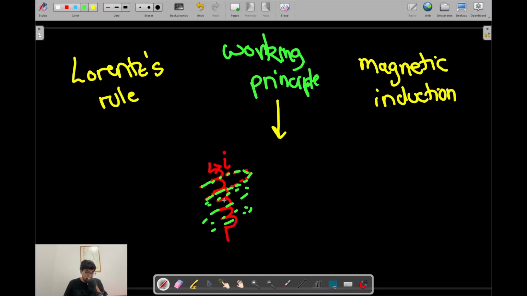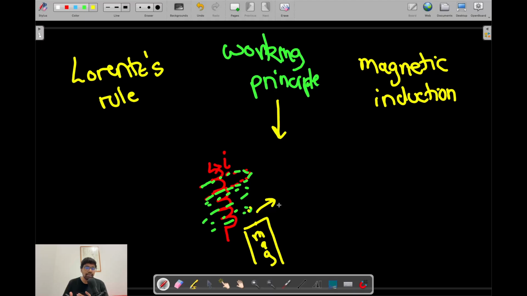When this magnetic field comes in contact with another magnet, if these two come in contact, then a force is generated. Let's be clear how the Lorentz rule is applied here: a current carrying coil, when placed in a magnetic field, or a current carrying wire placed in a magnetic field, will experience force.